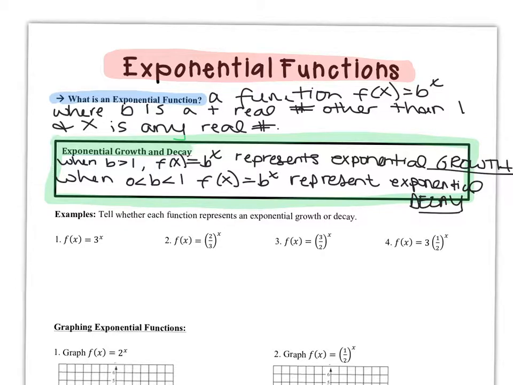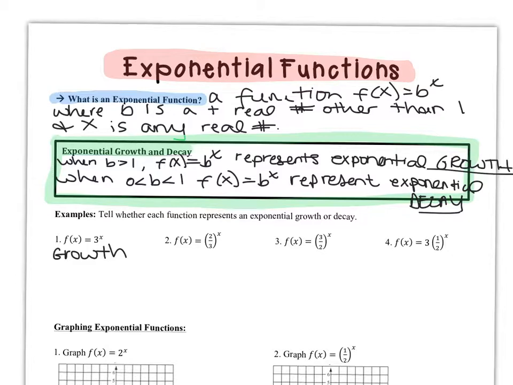So if we go down and look at these examples, it says tell whether each function represents an exponential growth or decay. If I look at number 1, f of x equals 3 to the x power, look at b. b equals 3. So is that going to be a growth or a decay? Well, it's going to be a growth because it's greater than 1.